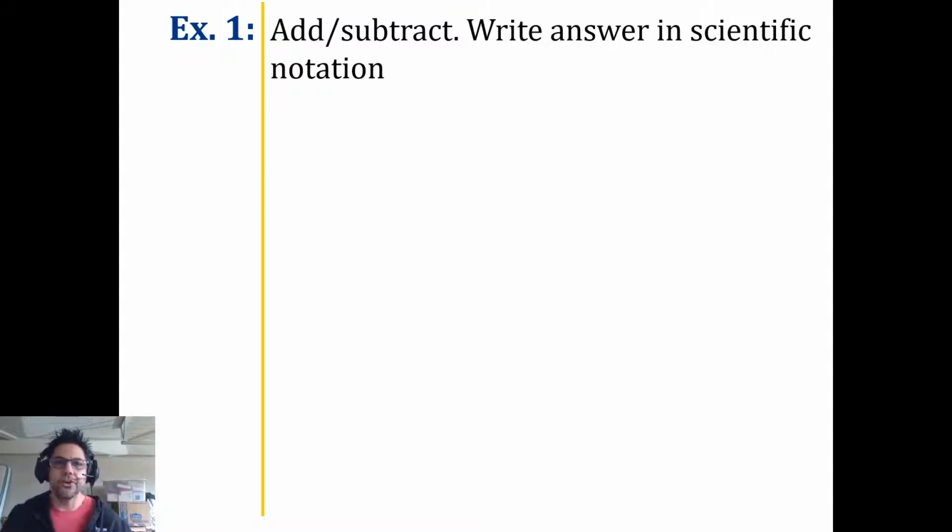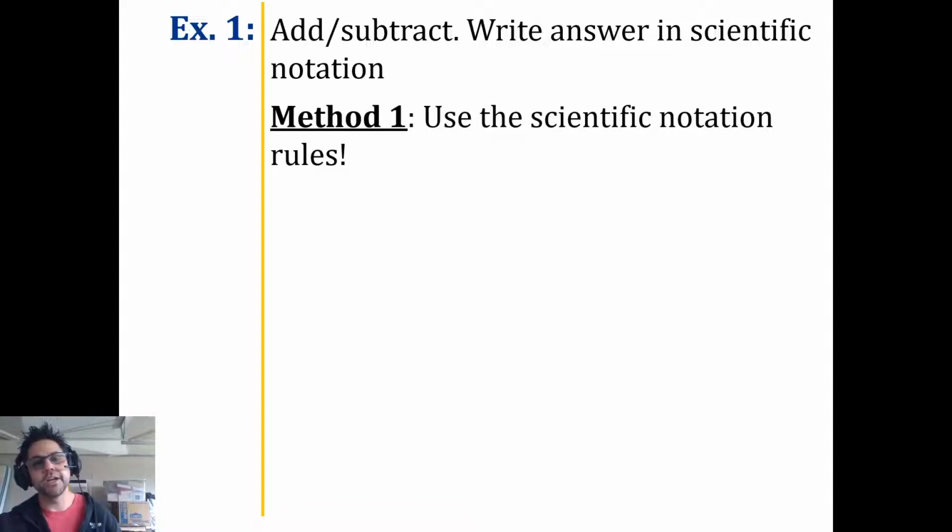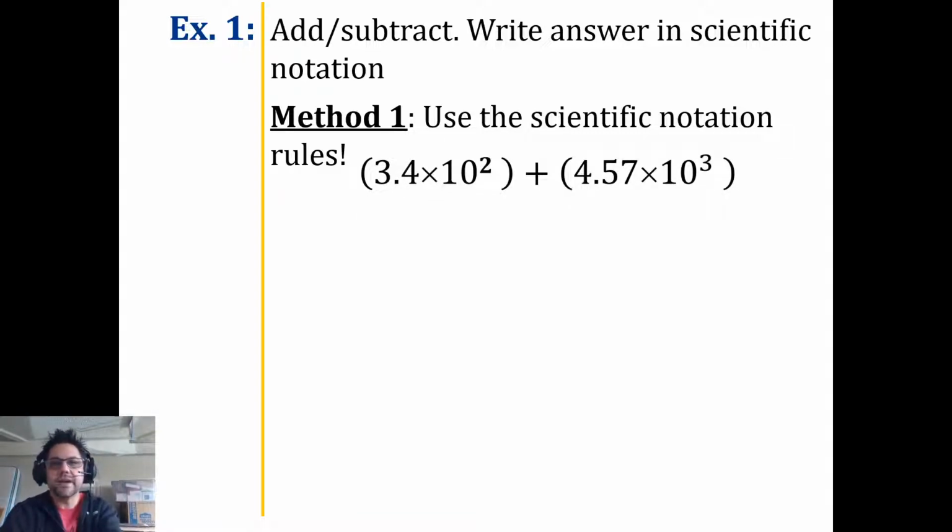So method 1. In order to do method 1, we're going to use our scientific notation rules a little bit to manipulate the problems so that they have the exact same exponent. I've got an exponent of 2 and an exponent of 3. What we found with our students is it's always easier for them to change the smaller exponent into the larger exponent.